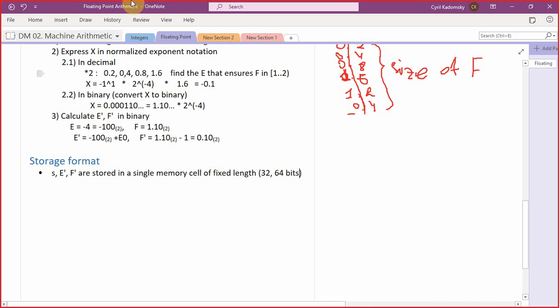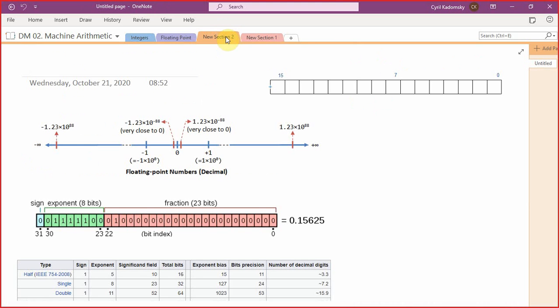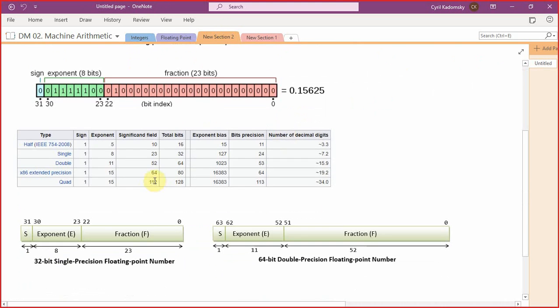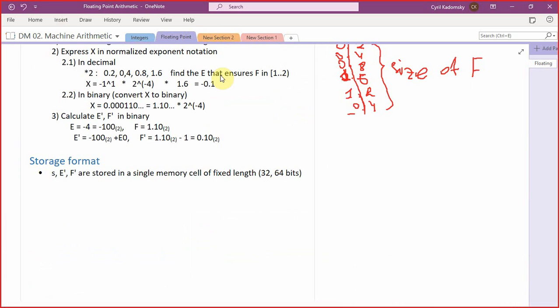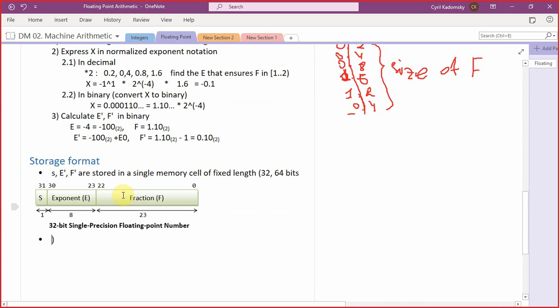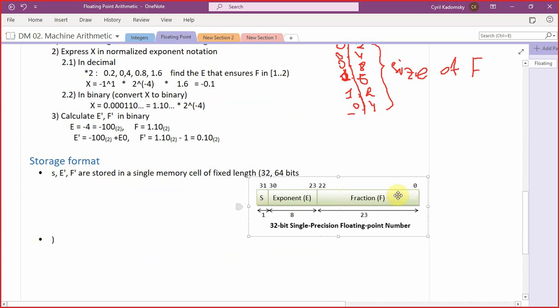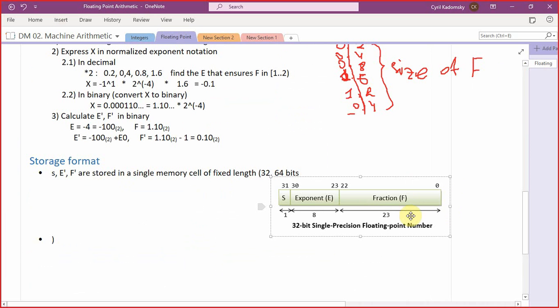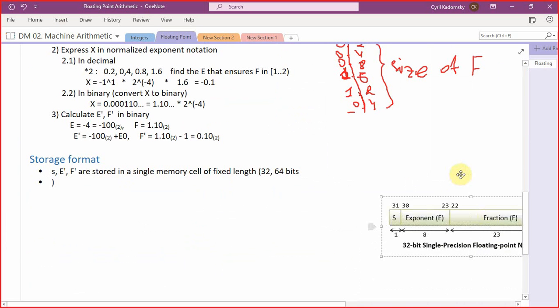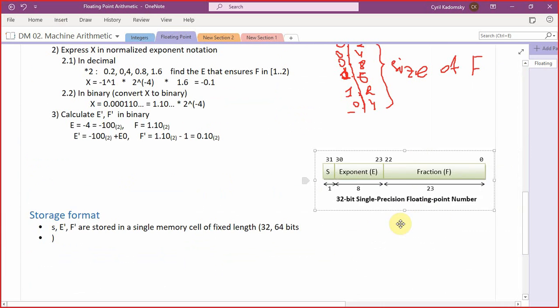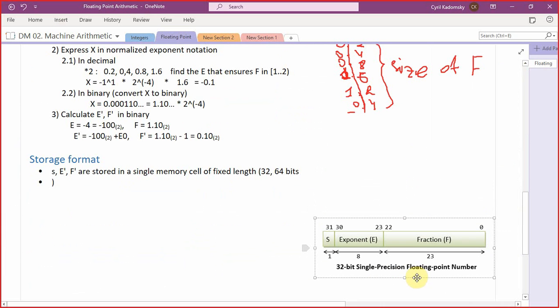And let's have a picture, for example. Here is the picture that shows how our number can be stored in 32 bits in this case.